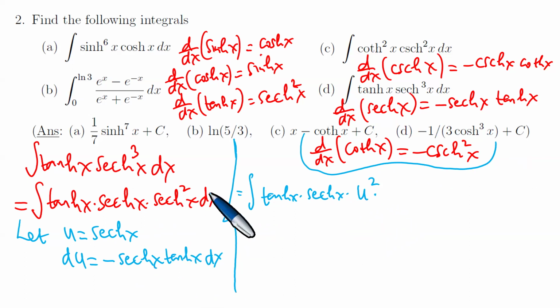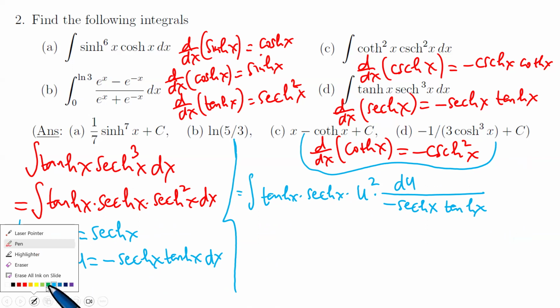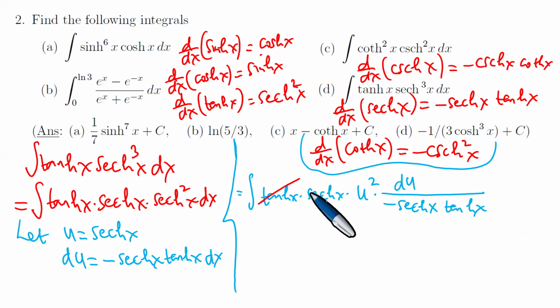But what is dx from this? dx is du divided by negative sech of x tanh of x. The tanh cancels, the sech cancels, negative u squared du.